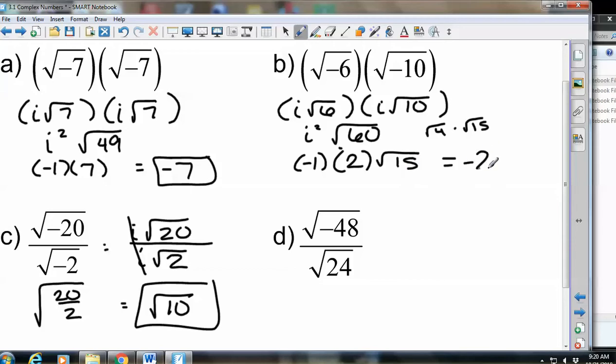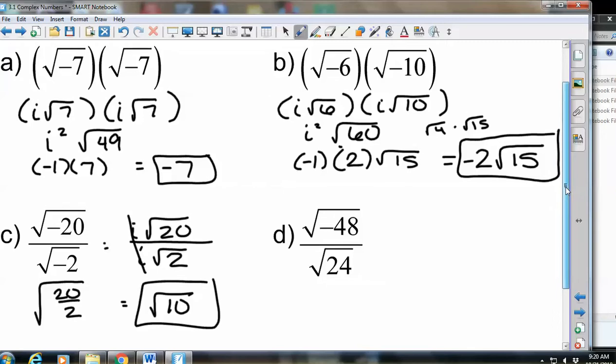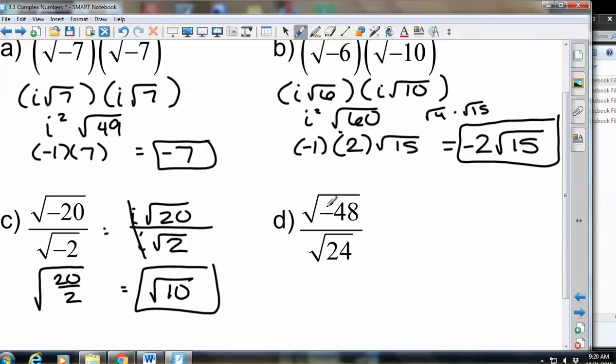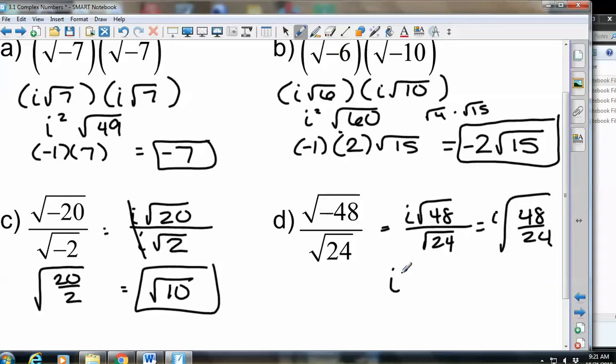So if you multiply, you get negative 2 radical 15. D. If you pull out your i, there's only an i on the top with this one. Since the top and bottom are both under radicals, you can put them together. 48 divided by 24 is 2, so you get i radical 2. Do we need any additional practice with those?